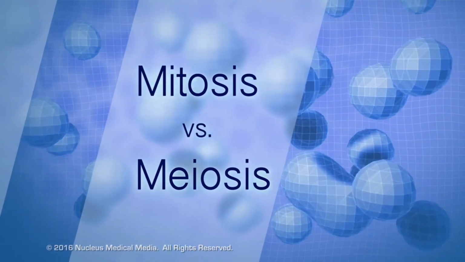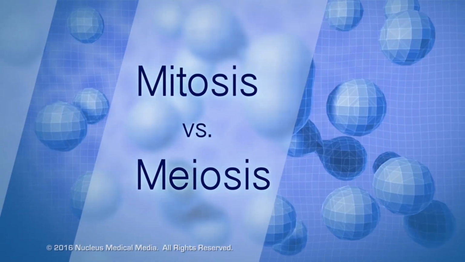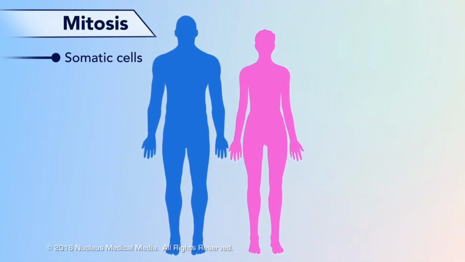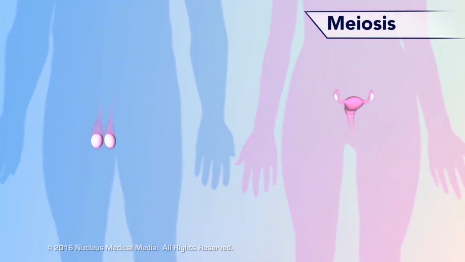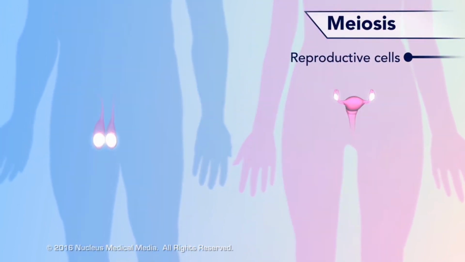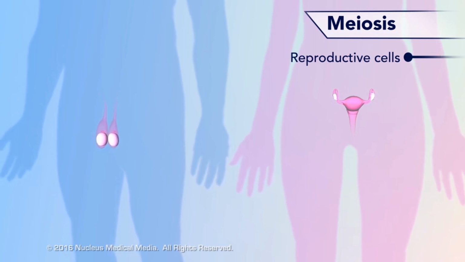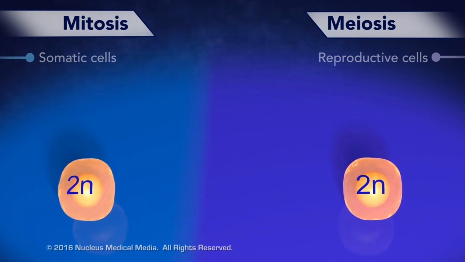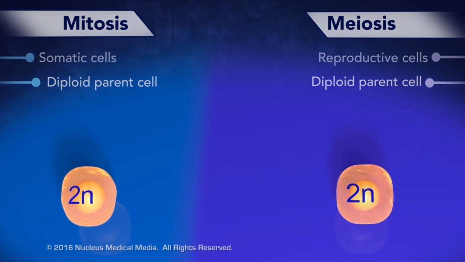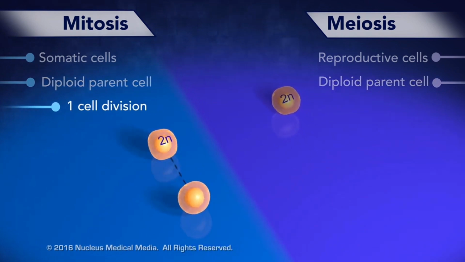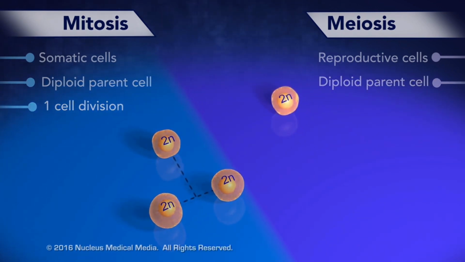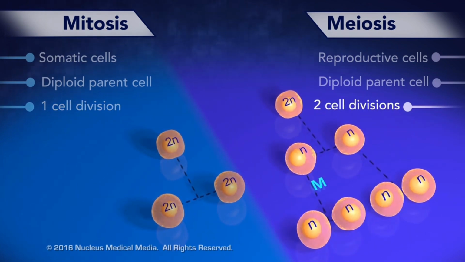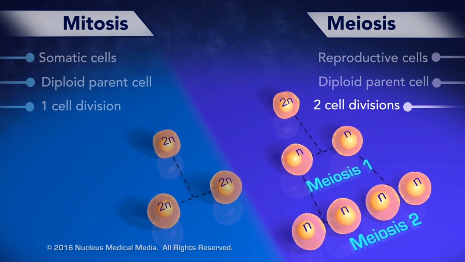Let's compare two types of cell division, mitosis and meiosis. While mitosis occurs all over the body in somatic cells, meiosis only occurs in the reproductive cells of the gonads in order to form gametes. The original cell in both mitosis and meiosis is diploid. Mitosis consists of one cell division, while meiosis consists of two stages of cell division called meiosis I and meiosis II.